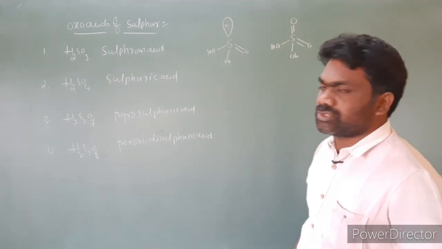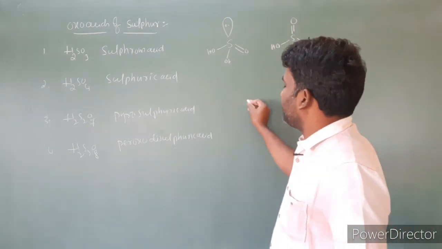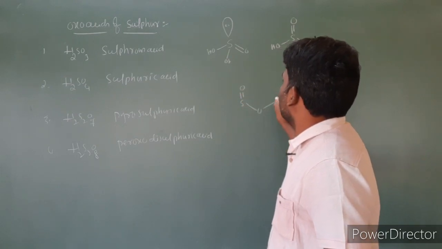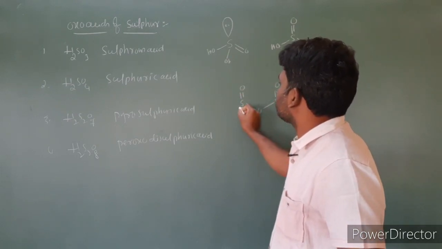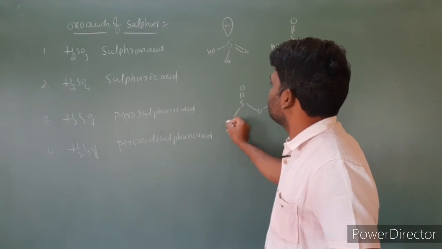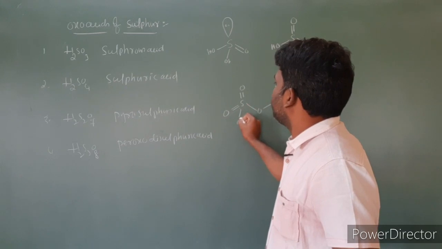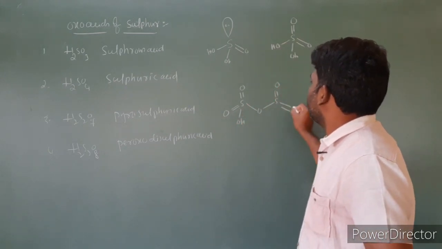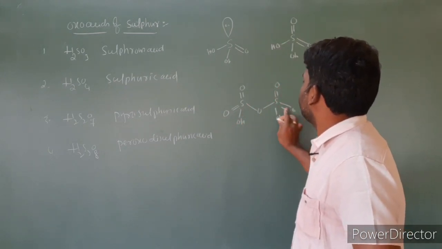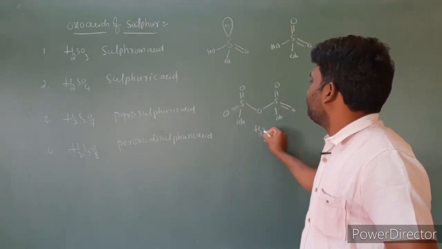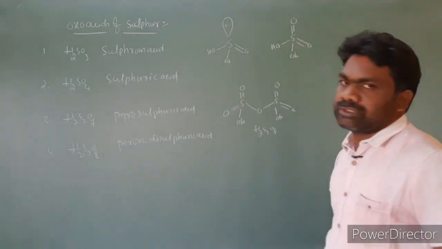Next, H2S2O7, pyrosulfuric acid. So this is the structure of H2S2O7.